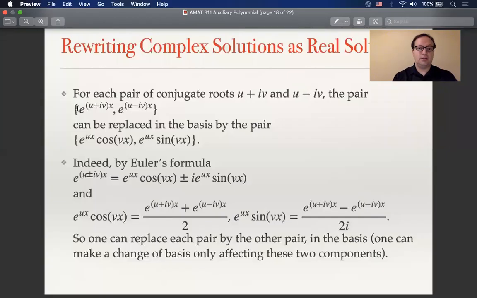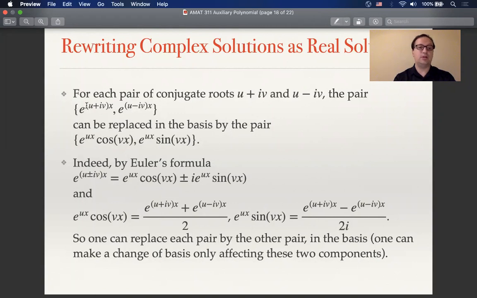So for each pair of conjugate roots, let's say u plus iv and u minus iv, where u and v are real numbers, we're going to have a pair of complex exponentials in our basis of solutions.